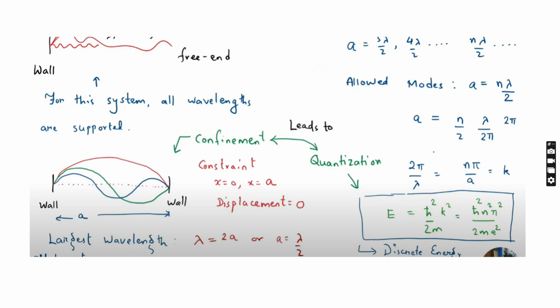So consider if one end is open, then for this kind of system all wavelengths will become possible, because whatever the wavelength we give, smaller or bigger, will be supported. But if you see a wall-to-wall connection of the string, then it won't satisfy all wavelengths; it will be restricted. We are giving constraints to the system.